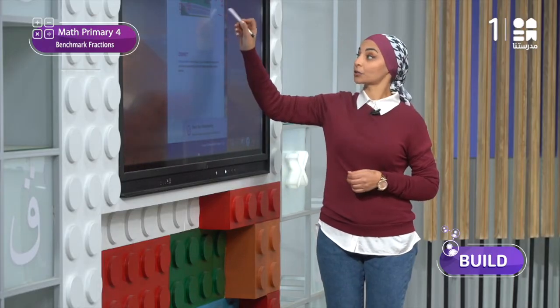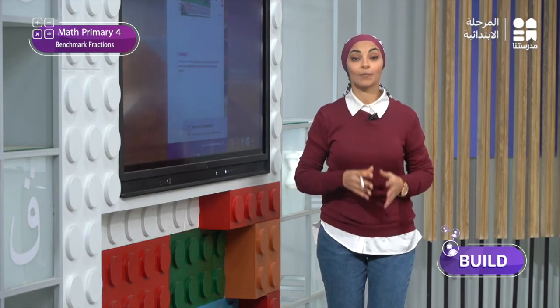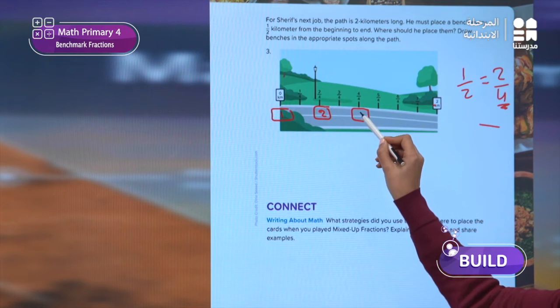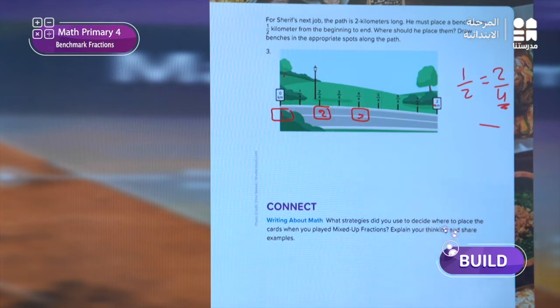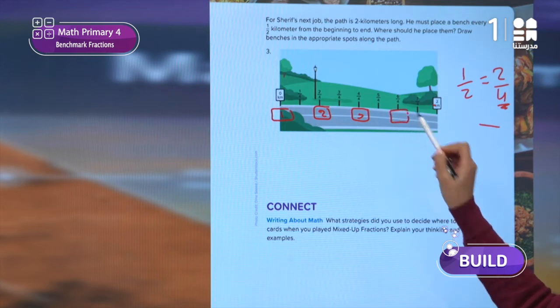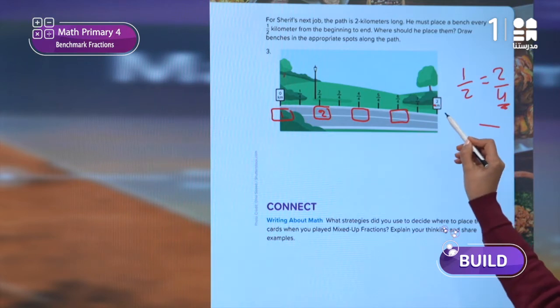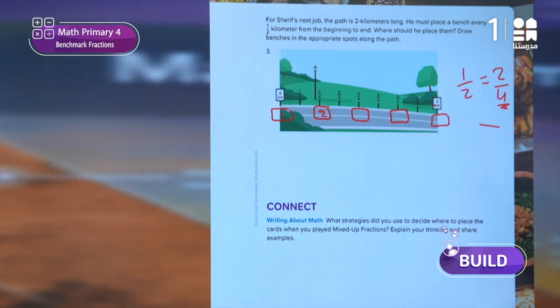We are moving by 2 over 4, or half, until I reach 4 over 4, right? Every half kilometer I put a bench. Then I will move and put the next one at 6 over 4, and the last bench I will put at 2 kilometers, which is at the end of the path.